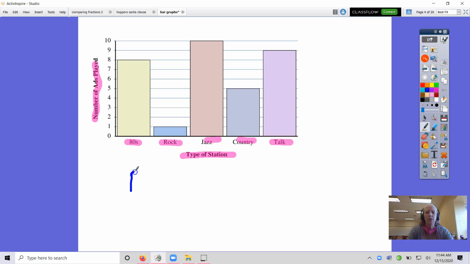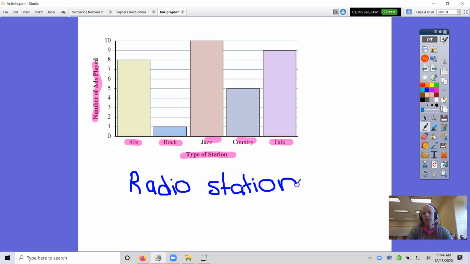I would say that this is radio stations played. So we are going to write our title as radio stations played. And this bar graph shows the radio stations and how many times they were played.